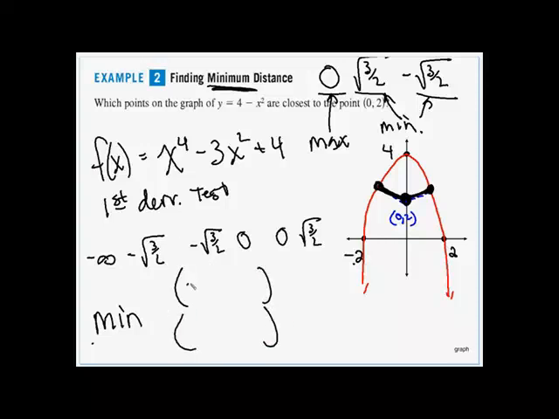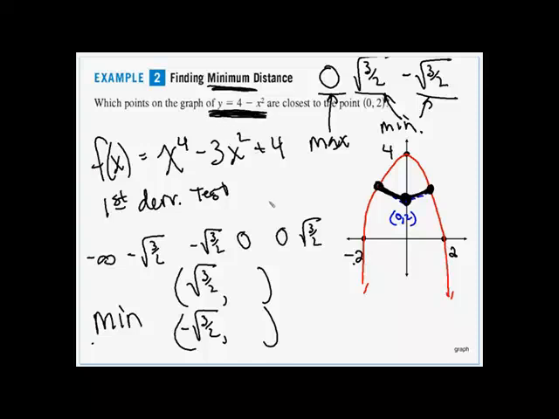First, we have an x value of the root of 3 halves, and the other one is the negative root of 3 halves. And to find the y values that go with these x values, we would plug these x values back into the original function, or back into the graph, y equals 4 minus x squared.